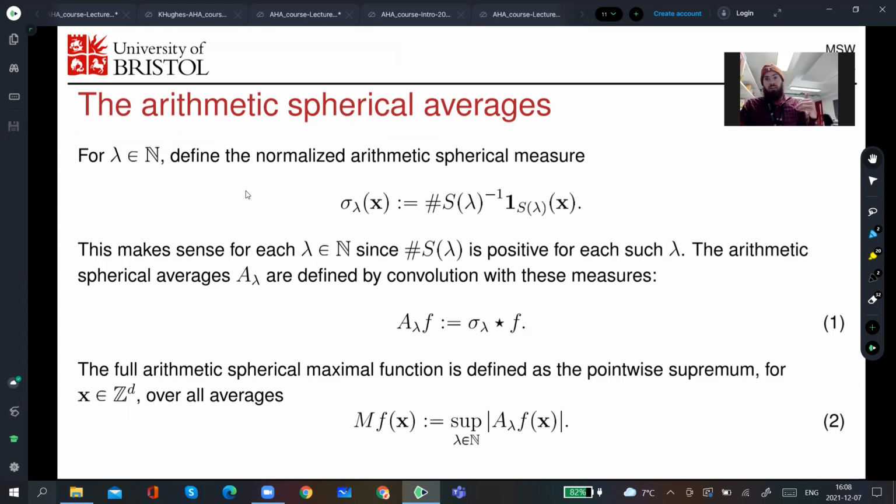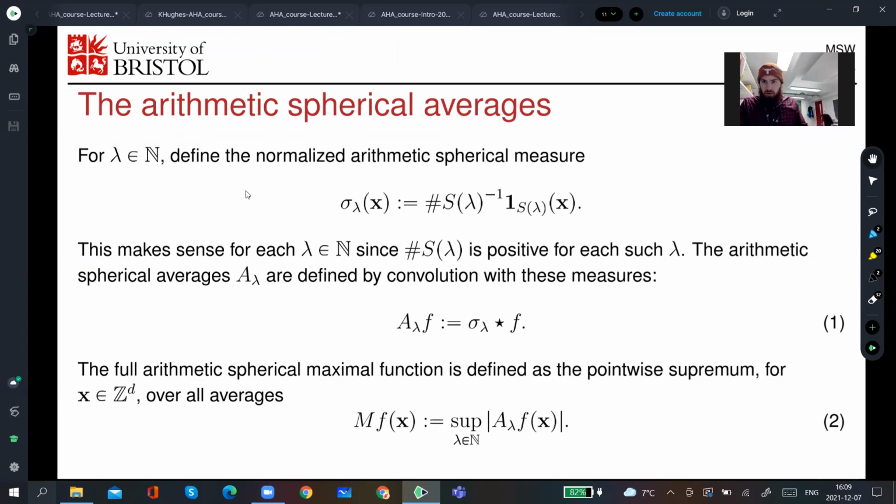We do this because we're going to consider the maximal function, and we want probability measures so that when we form the supremum over all the possible averages, we're not weighting some things excessively as the number of points on the spheres grows, so that you're just capturing what's going on at infinity and making it blow up. So we're instead weighting things in an isotropic manner, sort of giving each point equal weight depending on the total number of points on the sphere, right?